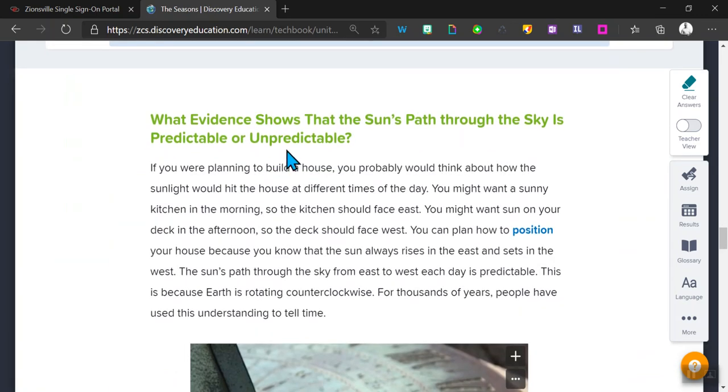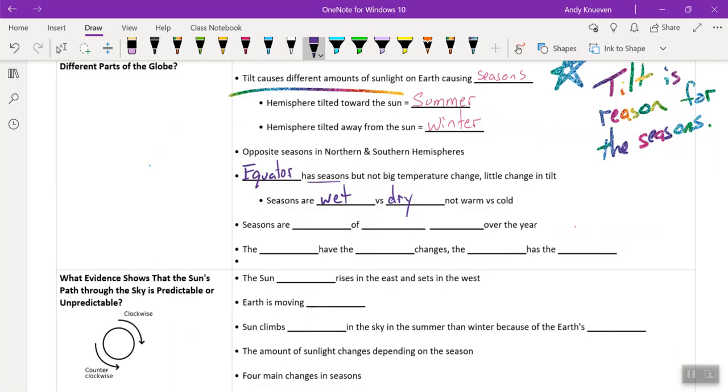So what evidence shows that the sun's path through the sky is predictable or unpredictable? Oh, hold on. We need to fill in some of these blanks here. So seasons, as I just said as we were finishing up that last one, seasons are patterns of temperature changes over the year.